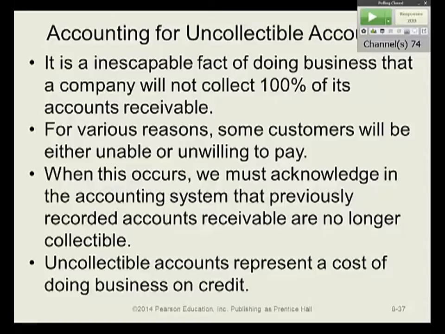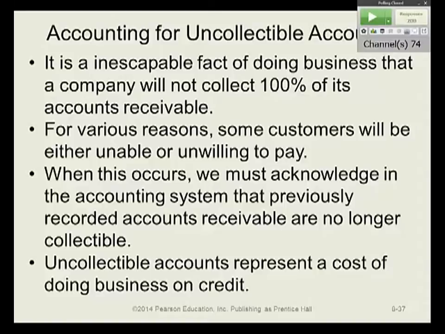The problem is it's not in the year of the sale. The issue is whether or not you should recognize the bad debt expense in the year of the sale. More likely than not, the direct write-off method will not recognize the bad debt expense in the year of the sale.